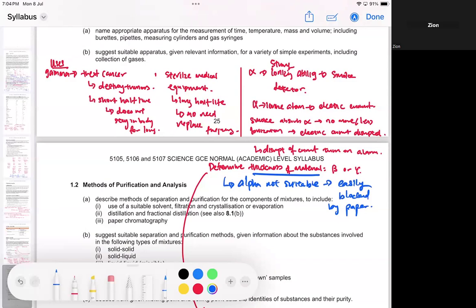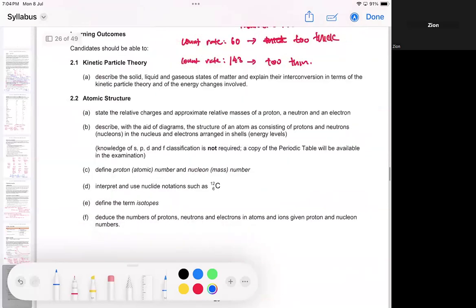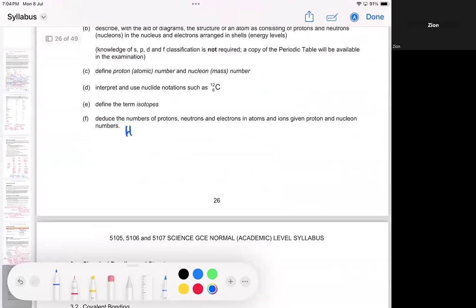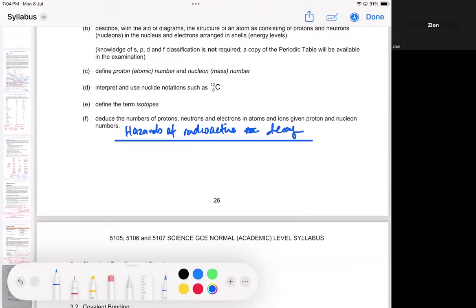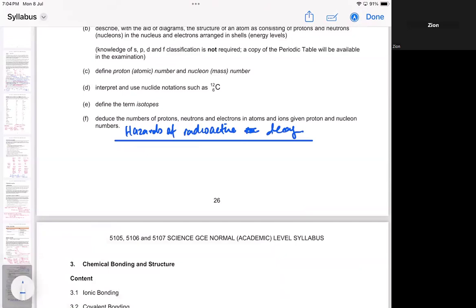Okay, and the last one is hazards. So for hazards, the usual thing is when you get exposed to radiation, it can damage human cells or tissues.